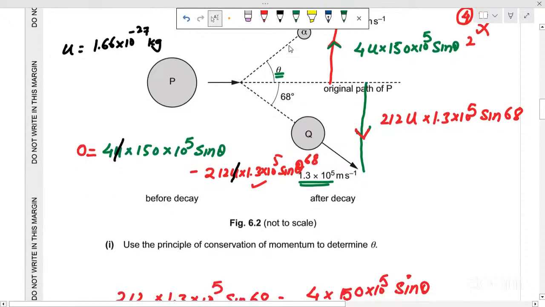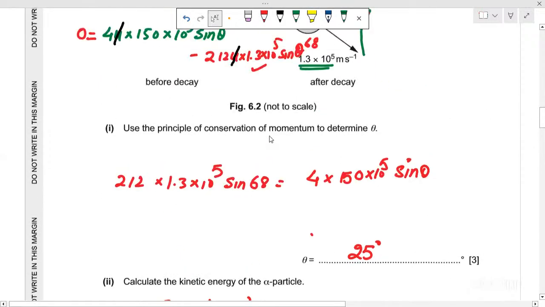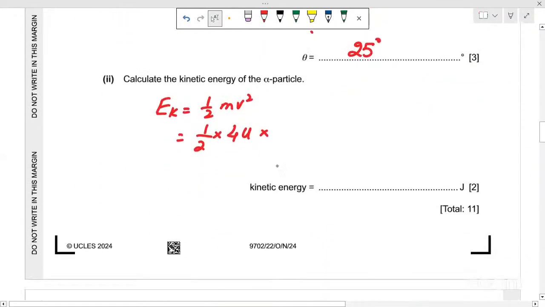So the kinetic energy would be, you already know that kinetic energy is half mv square, and the mass of alpha particle is 4u times its speed, which is mentioned clearly in the question, 150 times 10 power 5. You have to take square of this whole number. Mostly students forget to take the square of this quantity.